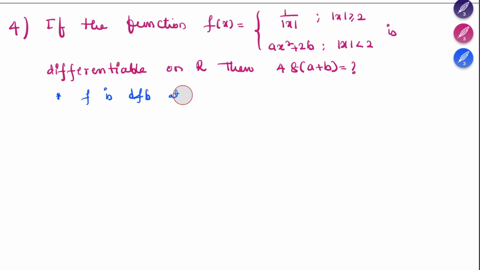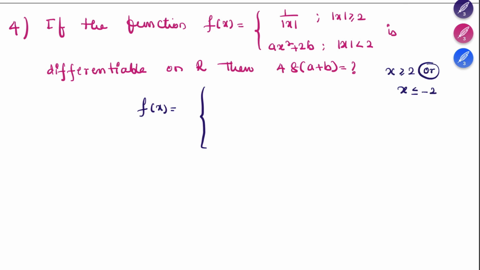Using these two rules, I am going to solve this problem now. So first I'll remove the mod. So f of x is equal to 1 by mod x, where mod x is greater than or equal to 2. Just now I told you, we get two results: x greater than or equal to 2, and x less than or equal to minus 2. This is the solution of mod x greater than or equal to 2.